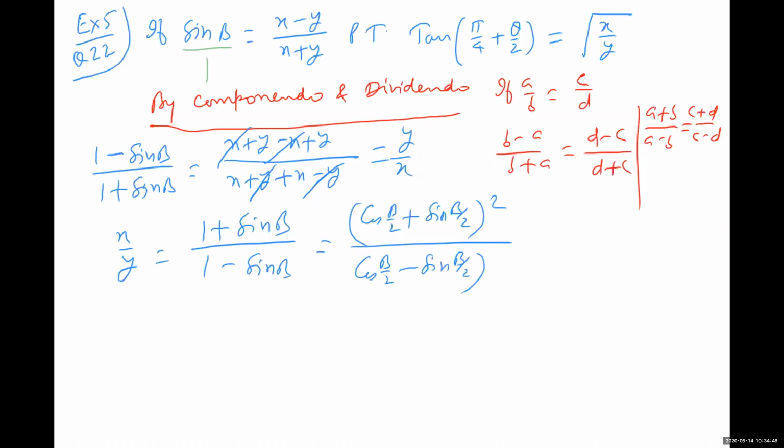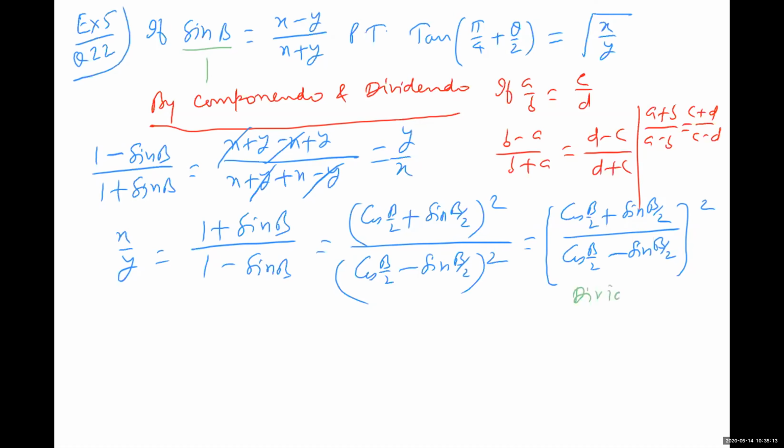So this is cos b by 2 plus sin b by 2 upon cos b by 2 minus sin b by 2, whole square. Now here, if you remember the formula, this is nothing but tan of pi by 4 plus b by 2. So you can divide by cos b by 2, both numerator and denominator.